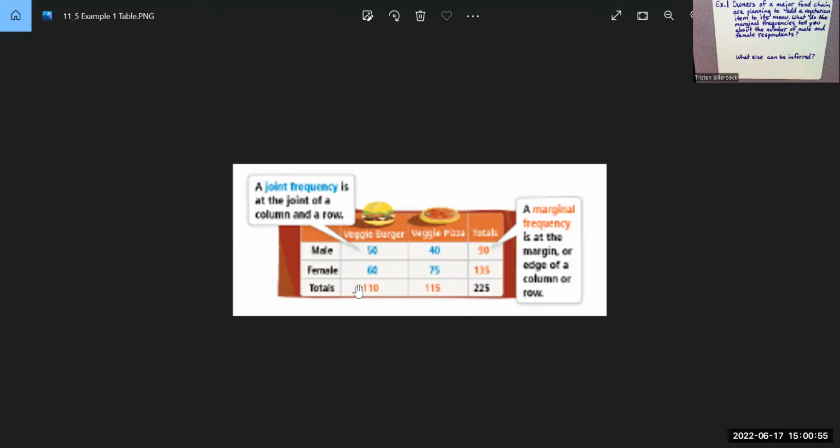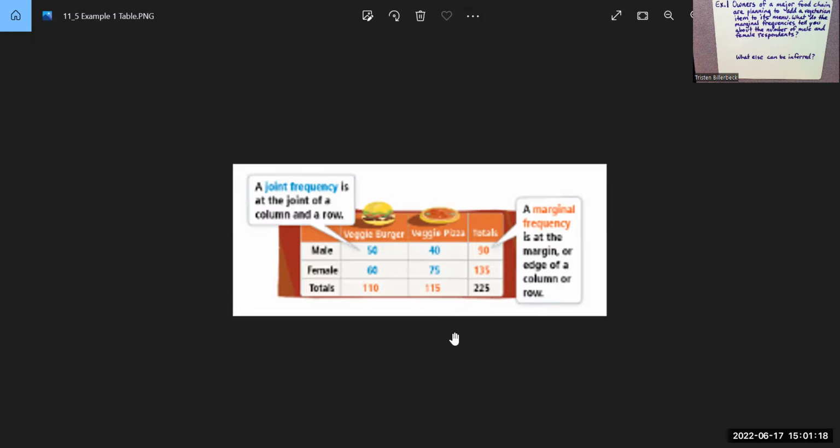These are the margins of a frequency chart. Then in here we have our joint frequency for females: there are 60 females that like the veggie burger and 75 females that like the veggie pizza. So that's what we can see.